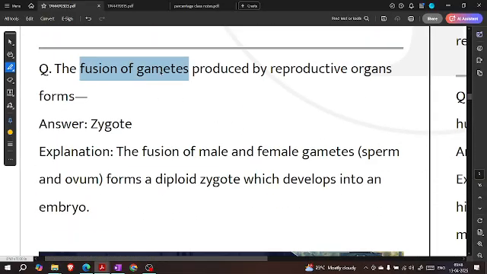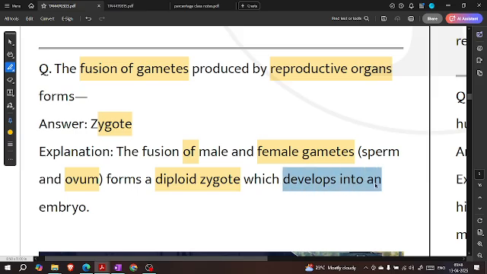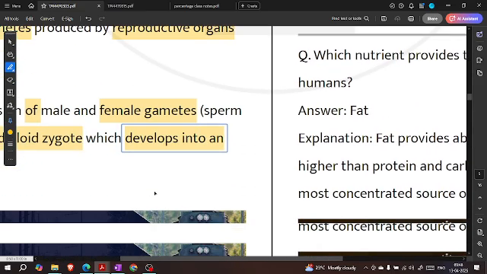The fusion of male and female gametes, a sperm and an ovum, forms a diploid zygote which develops into an embryo.